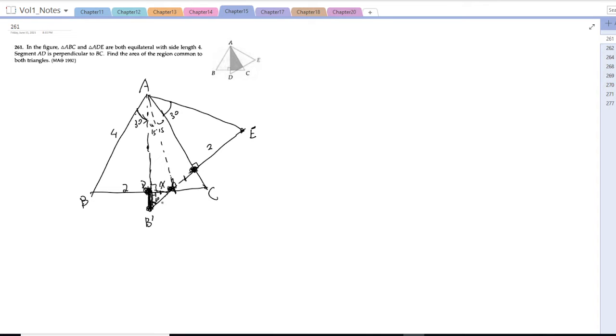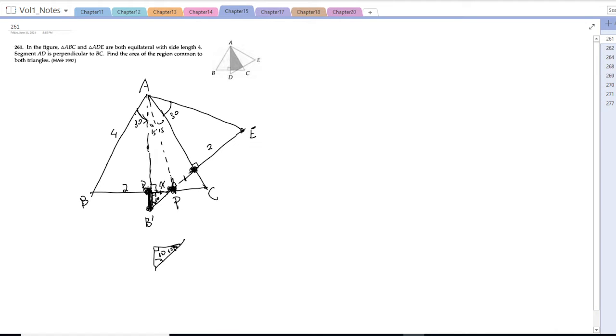Did you see the triangle? This is P. Triangle B prime DP is a 30, 60, 90 triangle, right?